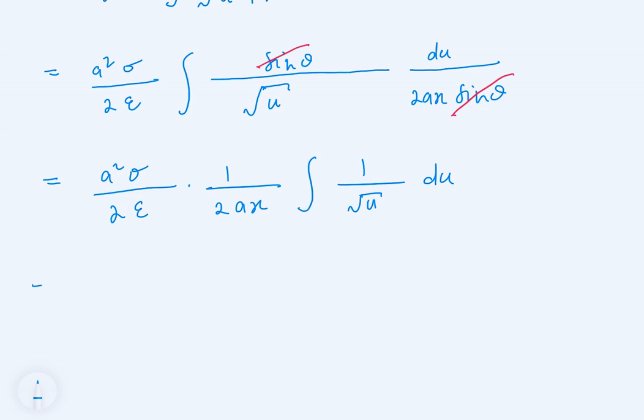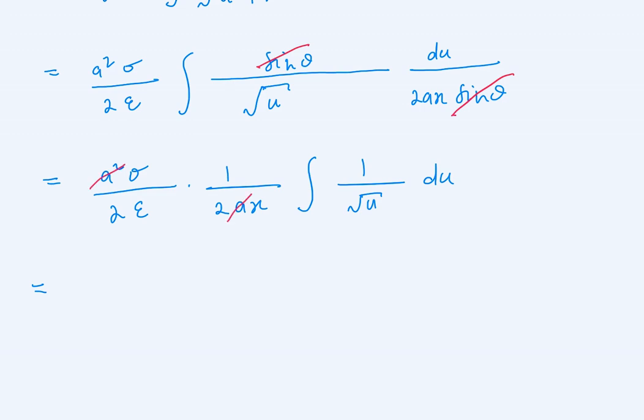Now we can simplify this. Before we do that, we note that the a squared over here and the a over here cancel out.